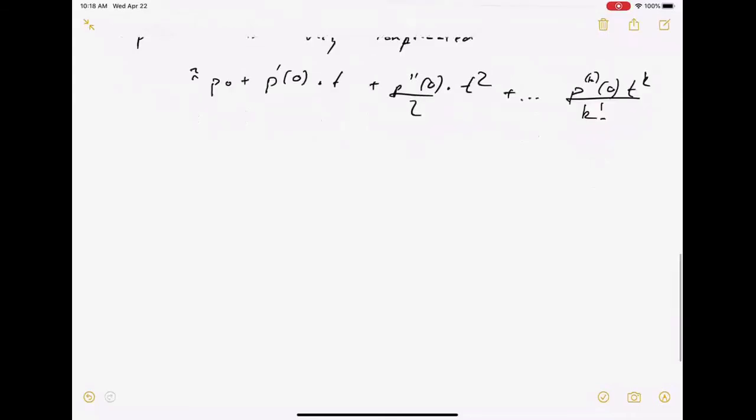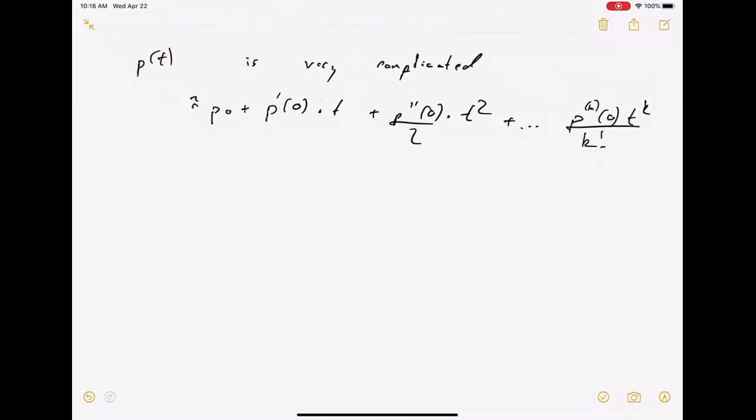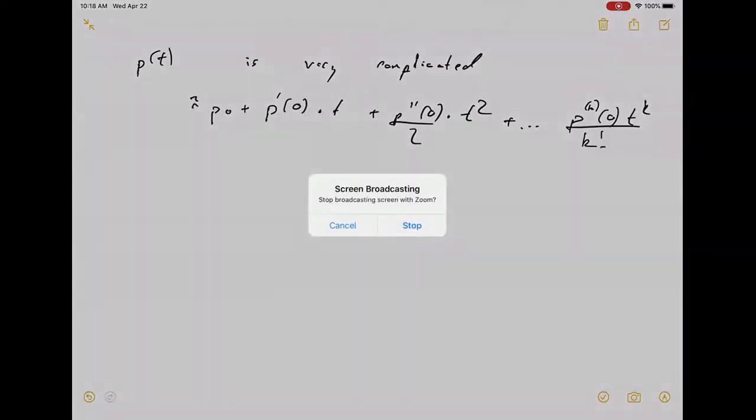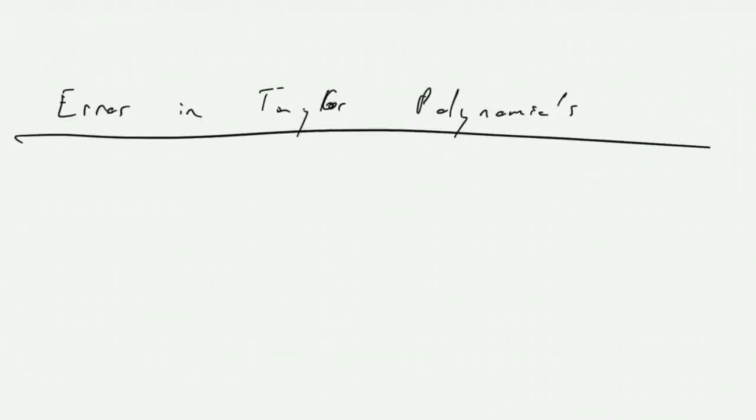Taylor polynomials are just one way to approximate functions, but it's a classic way. If you studied anything like math for computing, you would see Taylor polynomials probably in the first week. It's really a classic example of how to approximate functions. Whenever we approximate a function, we would like to have some idea of what the error is.